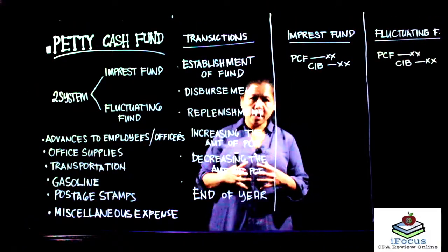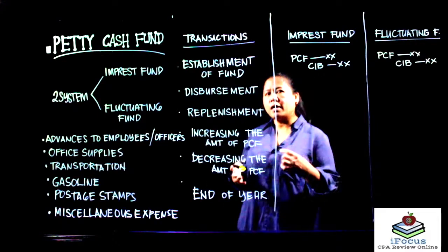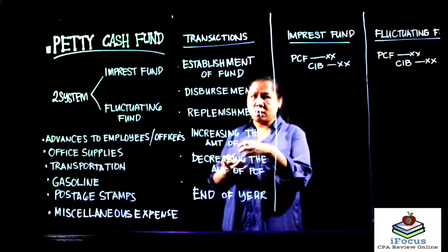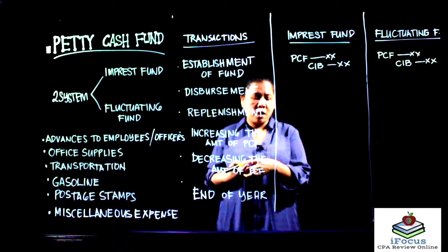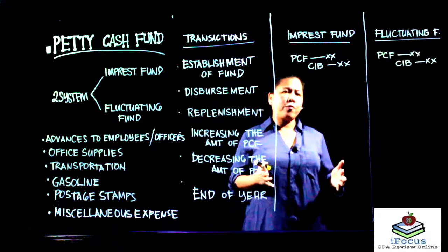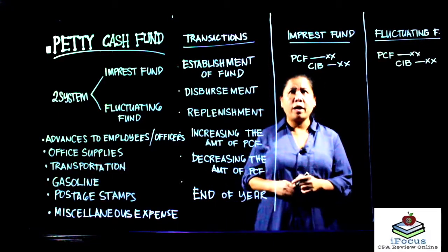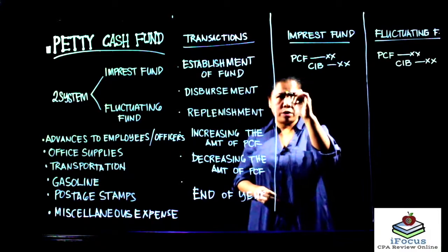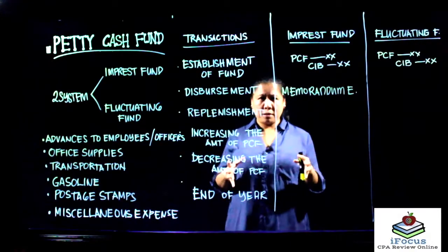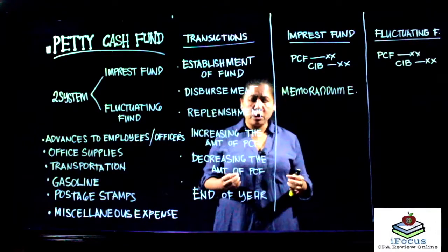The second transaction, disbursement. A disbursement is when the petty cash custodian takes the money from the petty cash fund to pay small expenses. So under imprest fund system, the custodian will enter what we call a memorandum entry. A memorandum entry is a short message entered into the general journal.